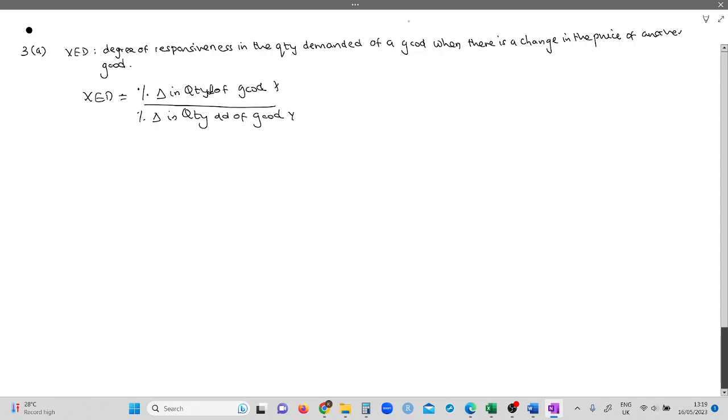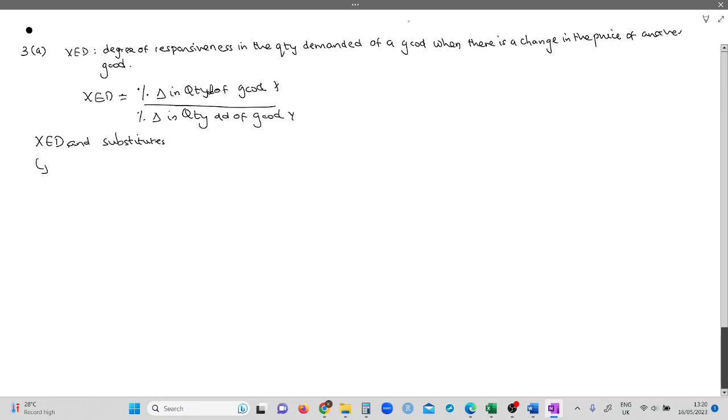Now, you will explain about the nature of the two goods. For example, for the XCD, now we explain XCD and substitutes. What are the relations? So substitutes are goods which are competitively demanded. If I want one, I won't want the other. Okay, substitute.